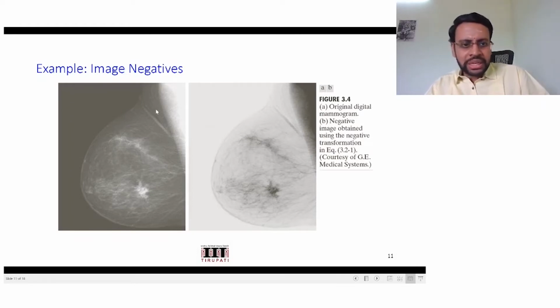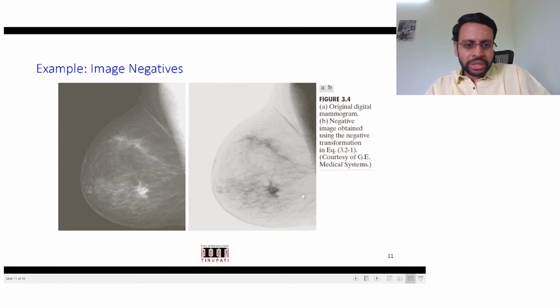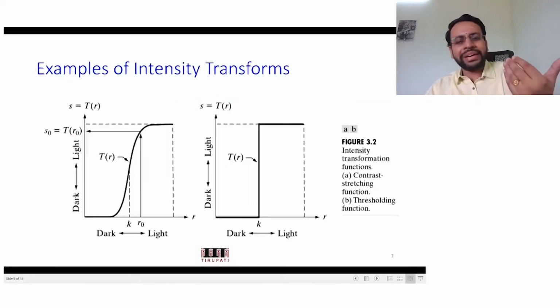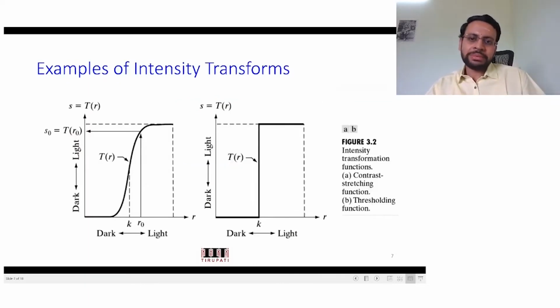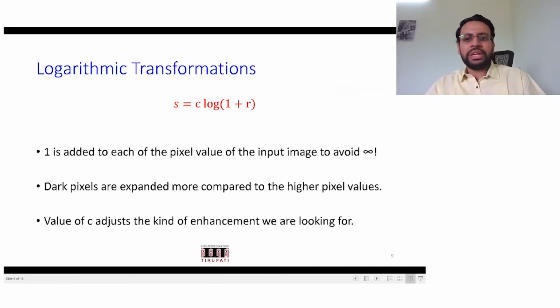You could notice there is a tumor in this region, and when you apply this negative transformation, it is more convenient to observe the tumor. But as I said, this might not improve your results quantitatively, but sometimes it helps you to visually take a look at the resulting images and make inferences from them.